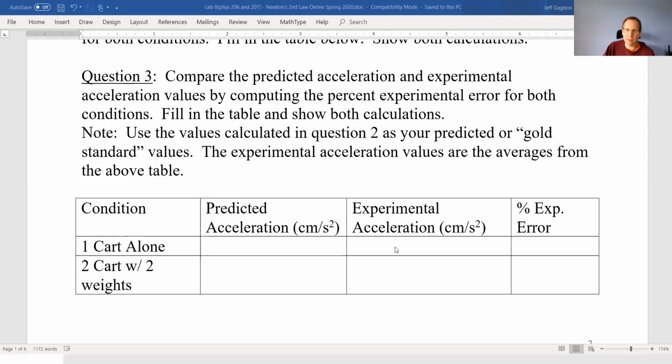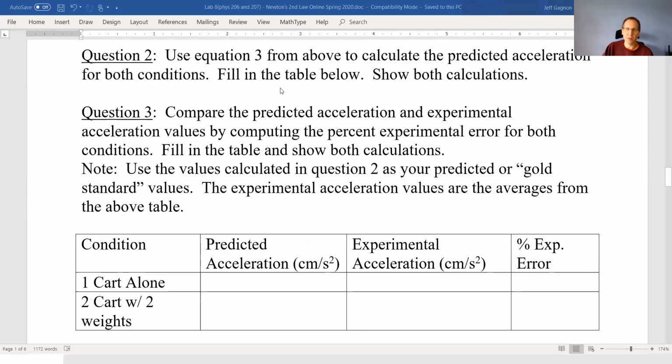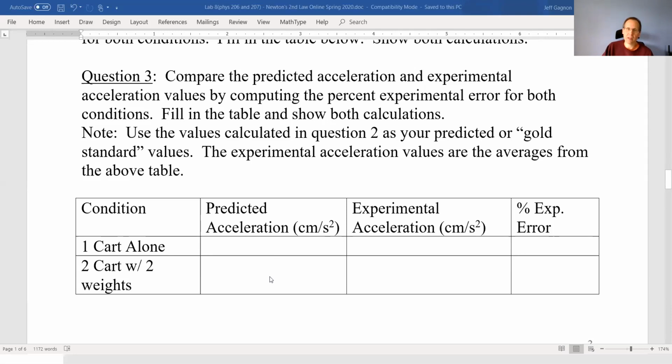What I measured when I did the lab. So compare them by computing the usual percent experimental error. Remember, you subtract, right, largest minus smallest, and then divide by the predicted times 100, and that'll be your error. So show me both of those calculations for the percent experimental error, right? And then question 2, make sure you show me the 2 calculations for the predicted acceleration.